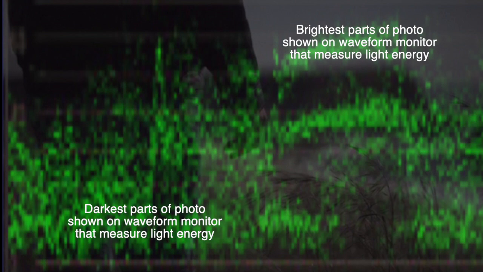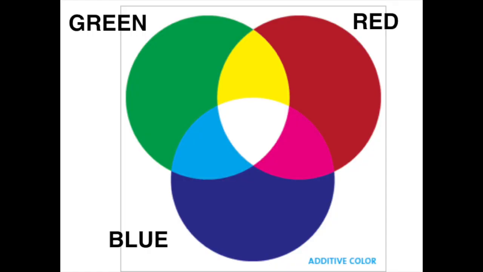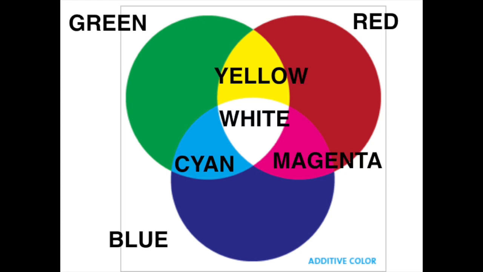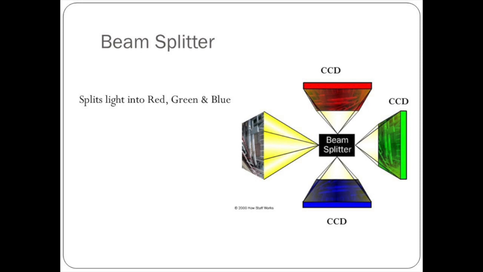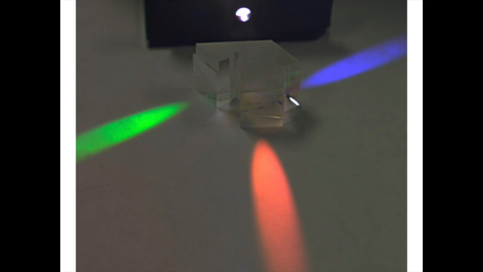So as I said before, some larger cameras have 3 CCDs, one for each primary color of light. Our primary colors of light, which means these 3 colors of light, can mix together to make any color we can imagine. Those 3 primary colors are red, green, and blue. So it takes the light that's coming in the camera and passes it through what's called a beam splitter.